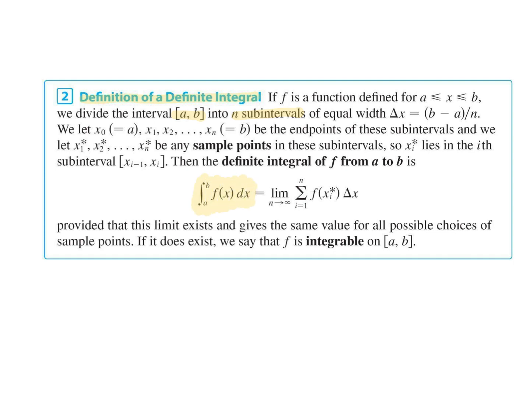Remember this S shape, this little symbol right here, that's our integral symbol. And this is our lower boundary and our upper boundary. So you can see that our definite integral is equal to the limit as n approaches infinity of our Riemann sum. So here's our Riemann sum, and remember n represents the number of rectangles. So this is, again, our technical definition of a definite integral.